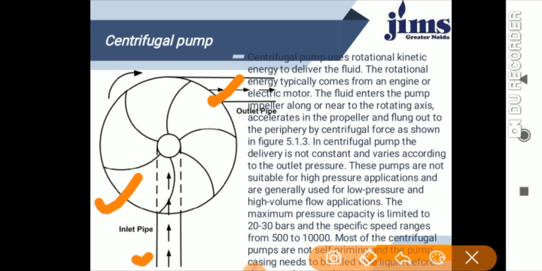The maximum pressure capacity is limited to 20 to 30 bar, and the specific speed ranges from 500 to 10,000. Most centrifugal pumps are not self-priming, and the pump casing needs to be filled with a liquid before it starts.